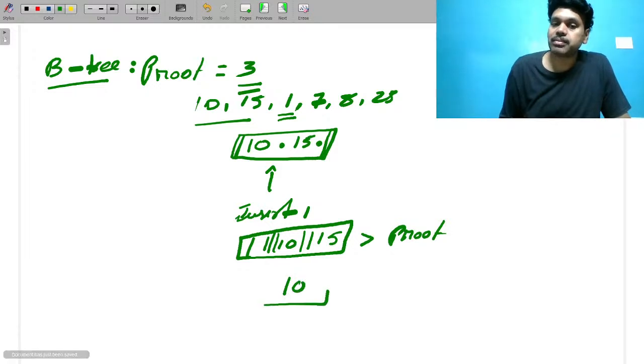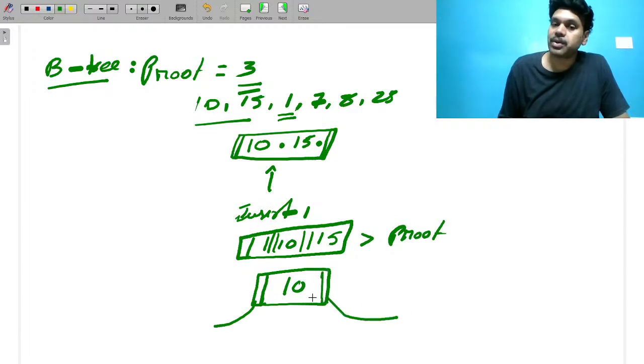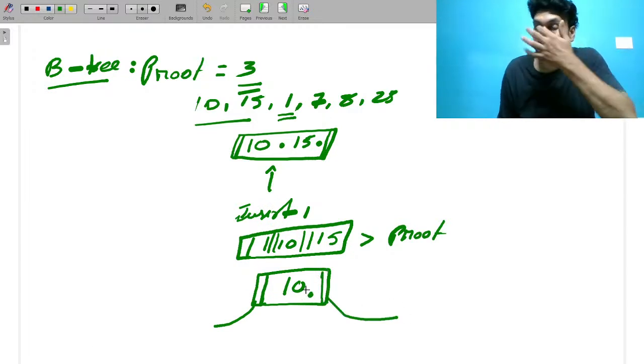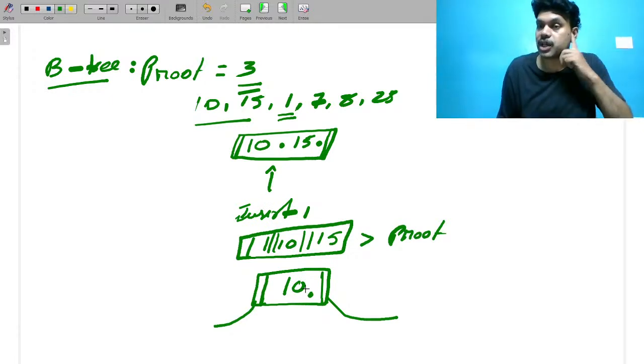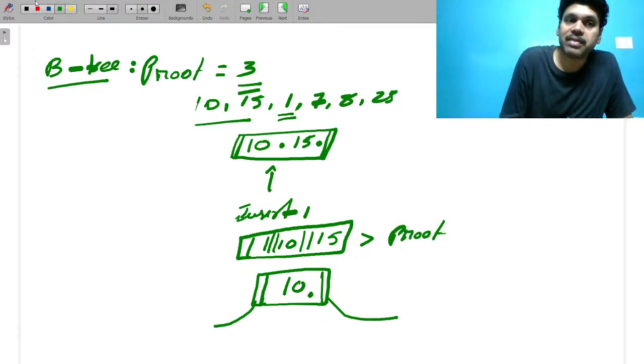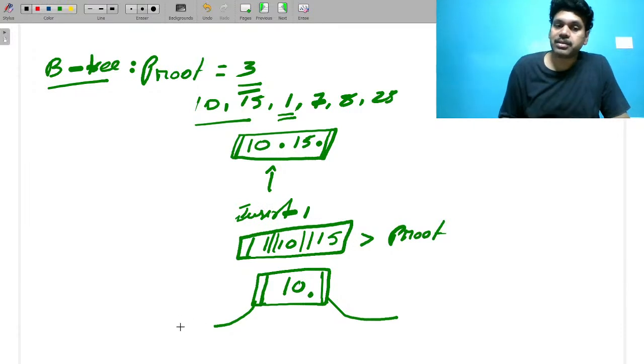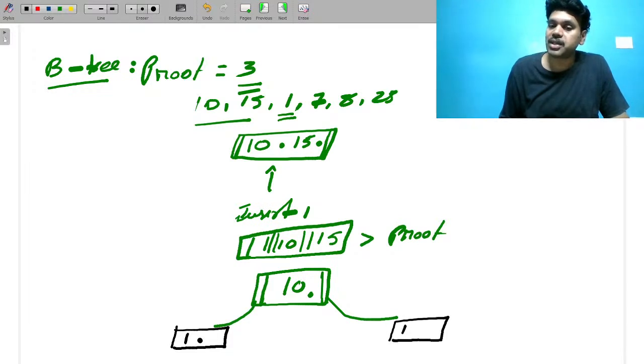And now 10, which has got a left node, which has got a right node, and a record pointer you need to maintain because record pointers are available at every level. Now here you are going to see the 1 is separated, and here you're going to see 15 is separated.